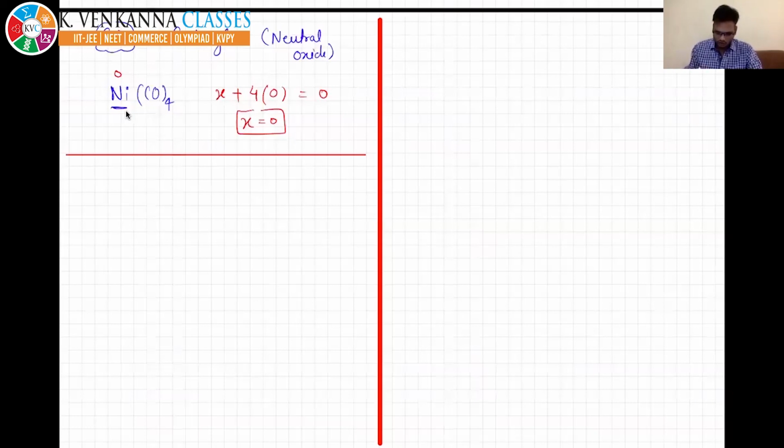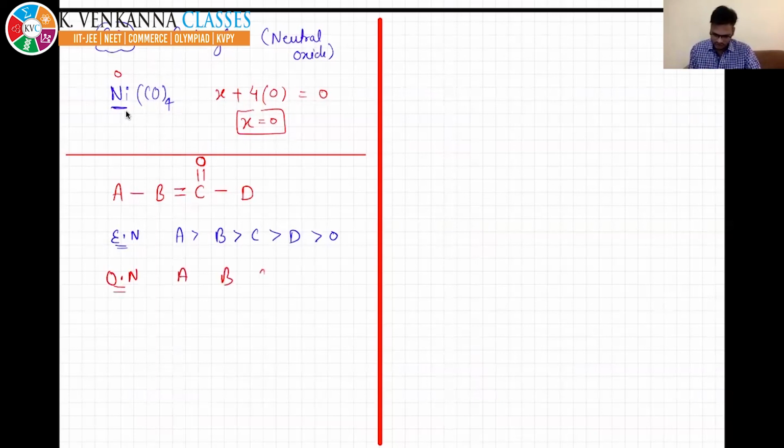I just want to recap all the concepts again. I am giving one hypothetical compound ABCD, and something O, and I have given that the electronegativity of A is greater than B, B greater than C, greater than D, greater than O. If they ask you the oxidation number, you need to calculate the oxidation number of A, B, C, D, O in this given compound.